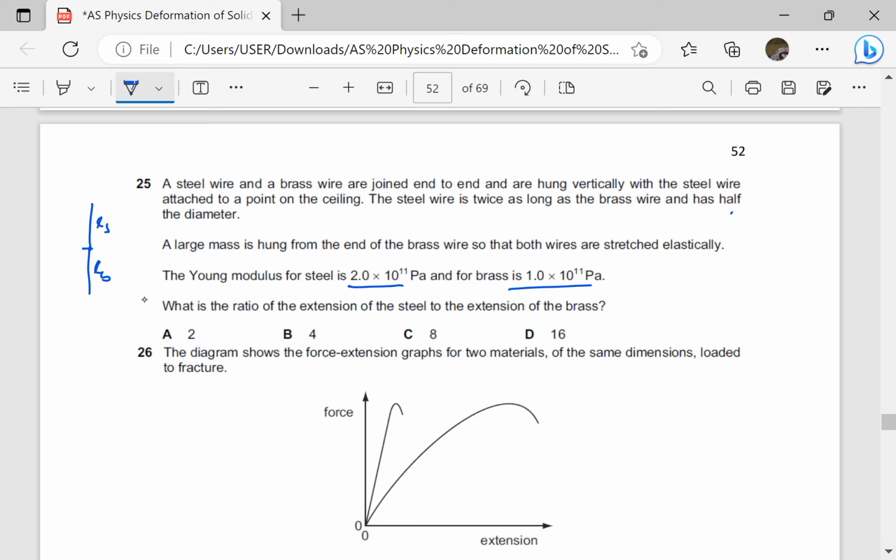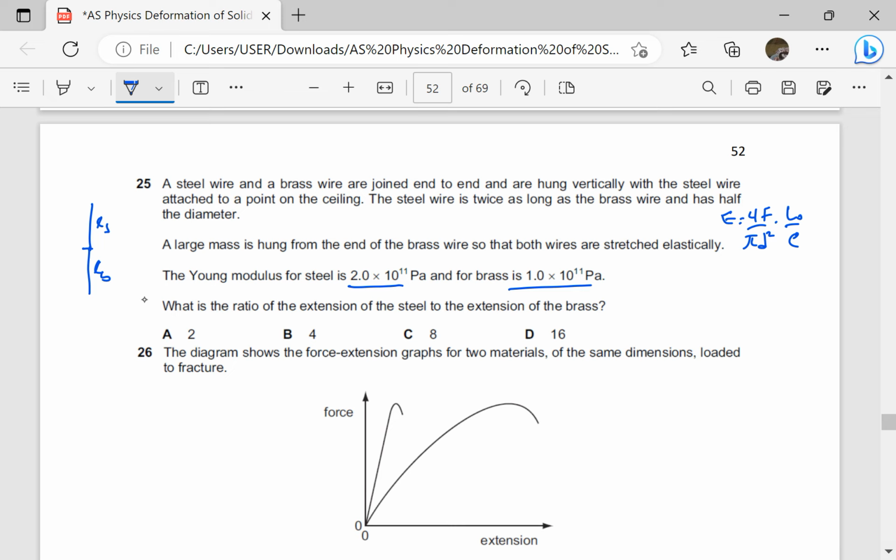So remember, Young modulus is equal to stress over strain, with the dimension being the diameter. So it will be 4F over pi d squared, then times original length over extension. So that's the Young modulus. We are going to find two equations. So Young modulus for steel is given by that.